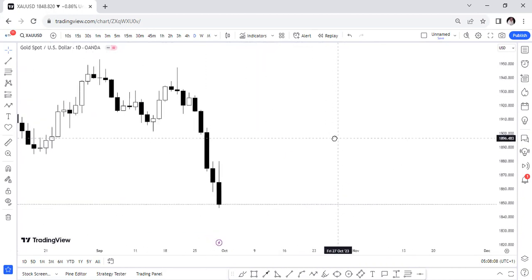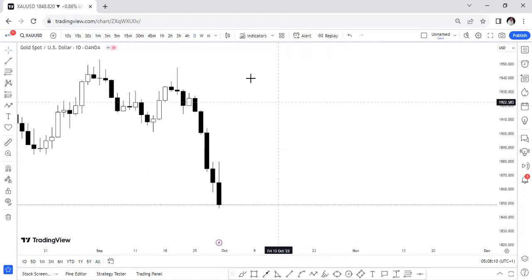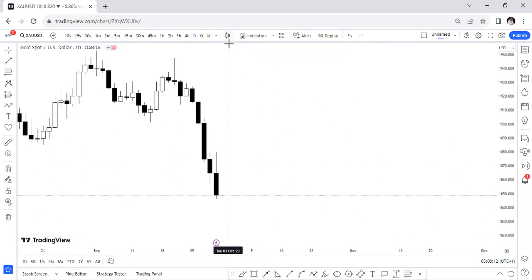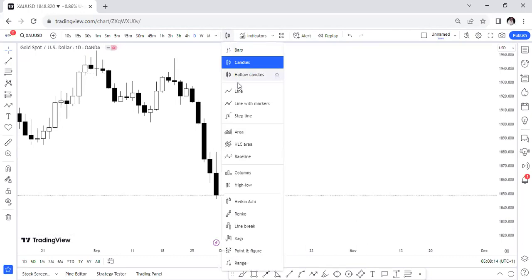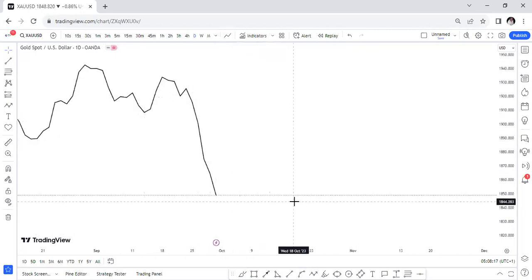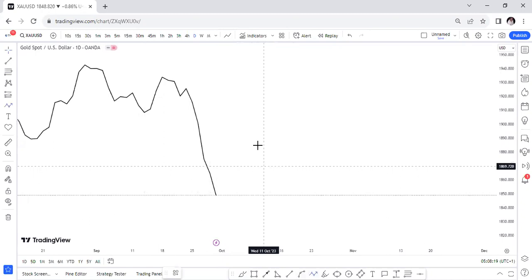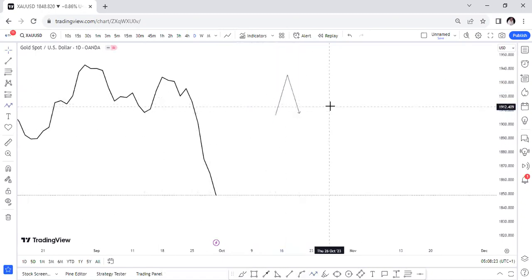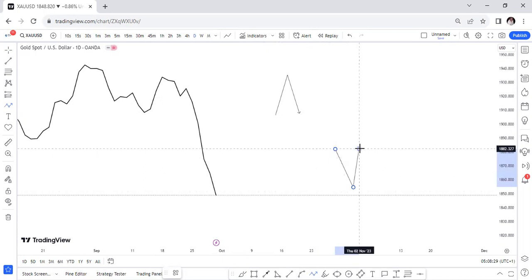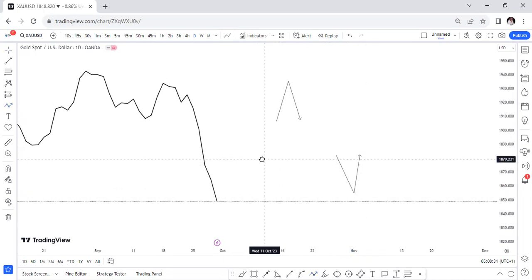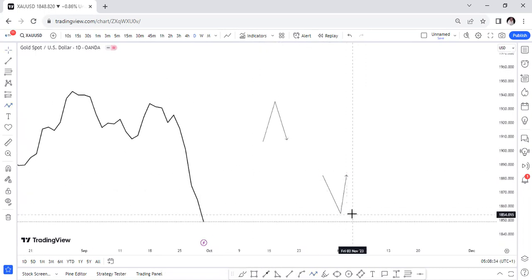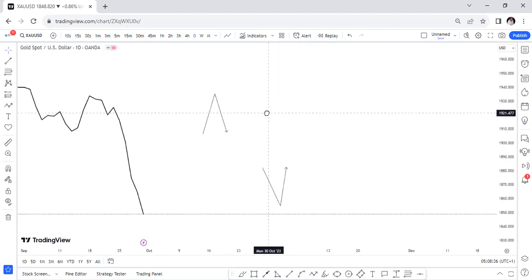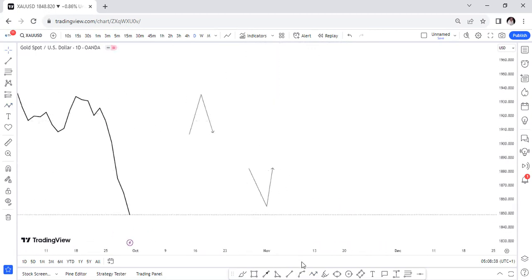For accuracy purposes, it is better to change your chart first into a line chart. You change into a line chart to see the levels. If you want to mark your levels, you are going to look at the inverted V shape. That's for the line chart. This represents the support area, while this represents the resistance area.